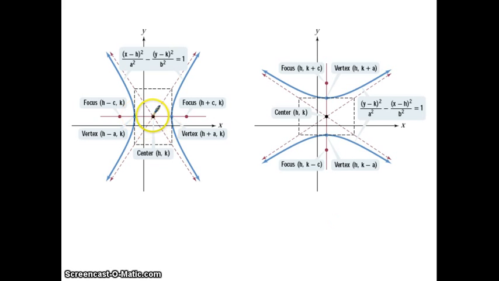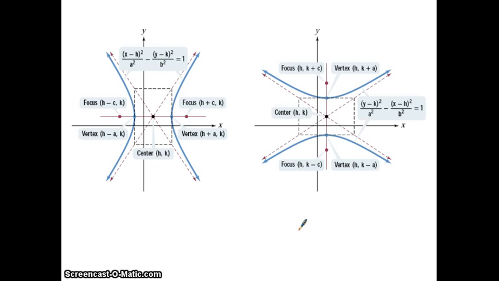So if you want to identify the center of a hyperbola, you need to take the opposite values of the h and k when identifying the center from the equation. So the (h, k) just moves your hyperbola around the xy plane.